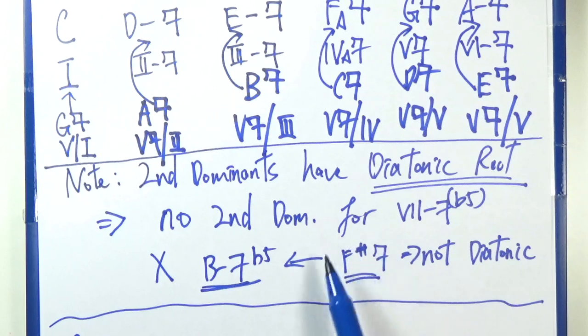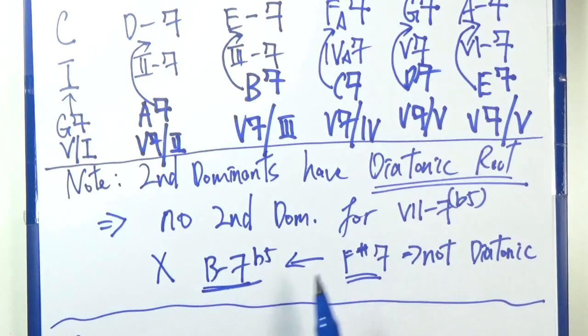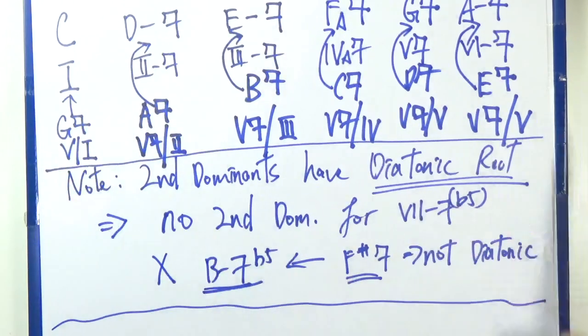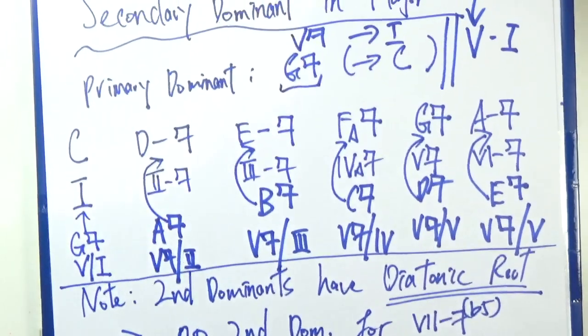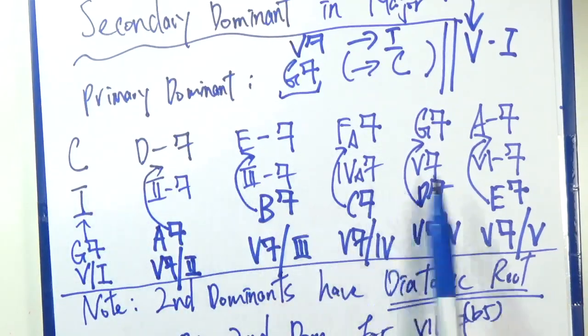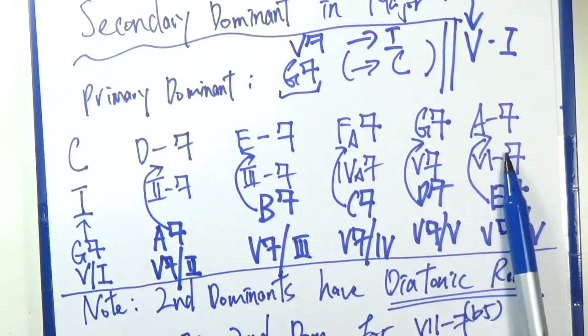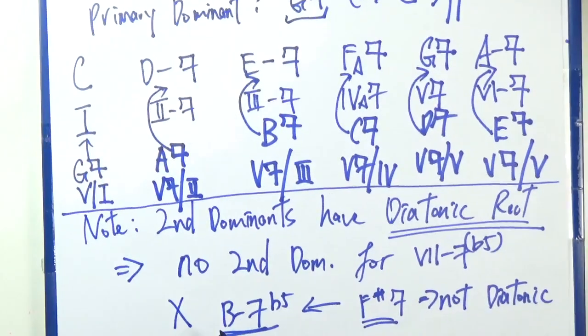So that's why B minor 7 flat 5 doesn't have a secondary dominant within this larger C major chord progression, all right? So to recap, for C major, you can find secondary dominants for each of these chords, except for the B minor 7 flat 5 chord here.